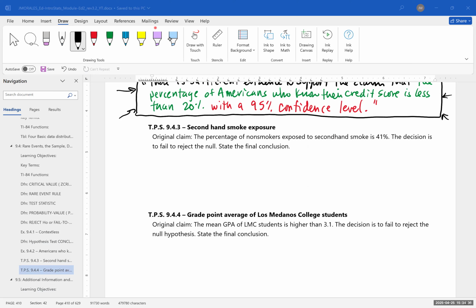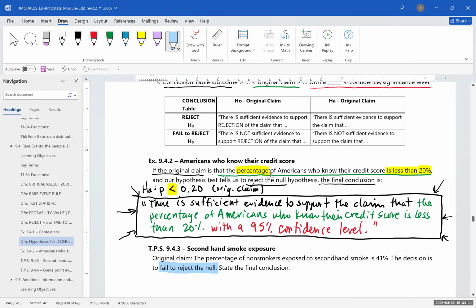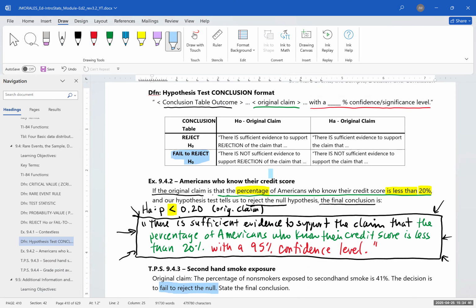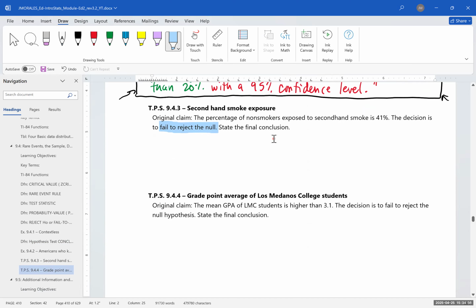Okay, so first of all, I think it's easy to point out here that we're going to fail to reject the null hypothesis. So up here, we're going to be doing failing to reject. So our outcomes are going to be either one of these two. We just have to now figure out what the original claim was. Was it the null or the alternate?